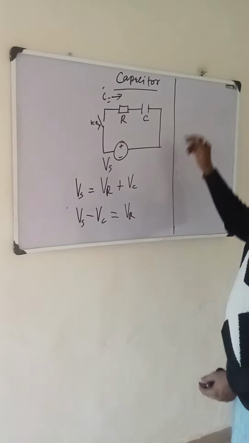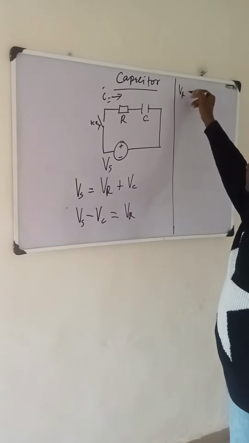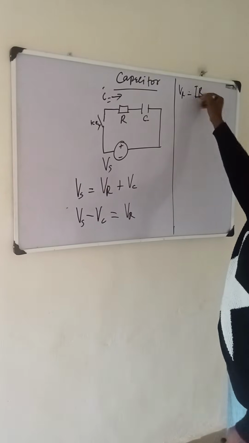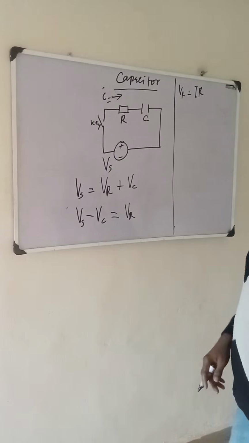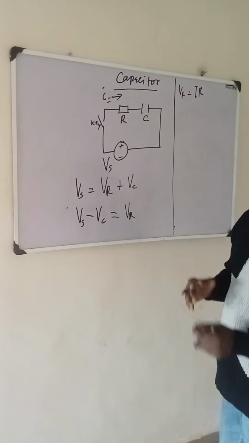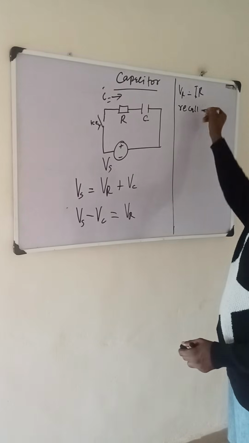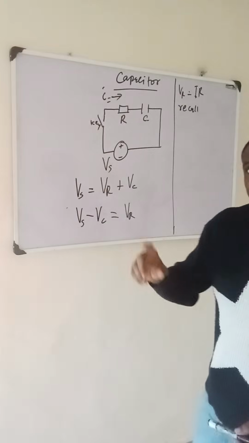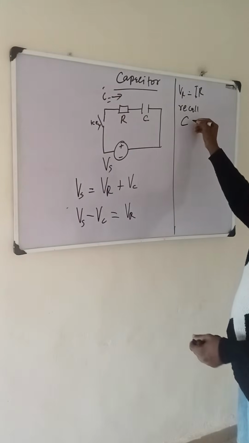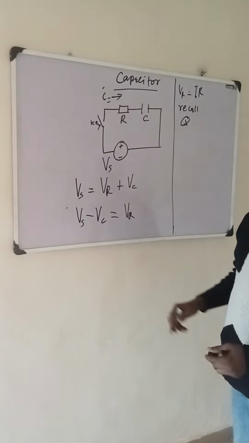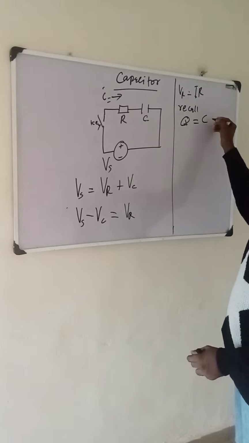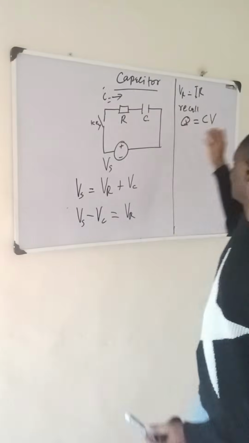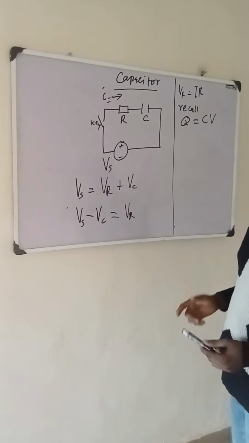The voltage across the resistor, according to Ohm's law, is given by IR. This is the current. And if you recall our general knowledge about the capacitor, the charge is equal to the product of the capacitance and the voltage, or the potential difference across the points.